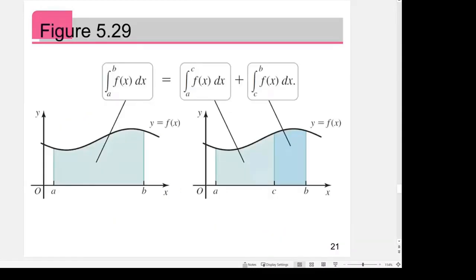This right here means integral or antiderivative. If I want to know the area under this curve between A and B, I can say, well, let me add from A to C. Let me find what that is, and I can add it to this, and I would get the same as my original.